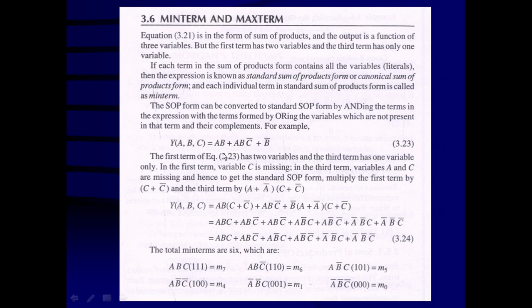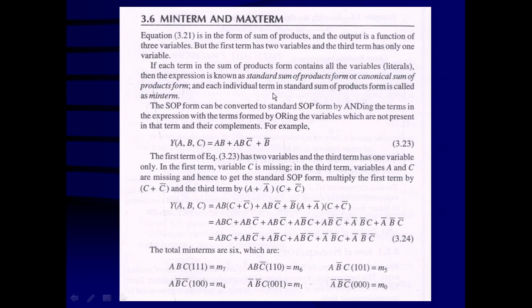So in a sum of product equation, if in each term all the variables are present, that means whatever number of variables Y is a function of, all these variables must be present in each term, then that sum of product equation is called a standard sum of product equation, or a canonical sum of product form.